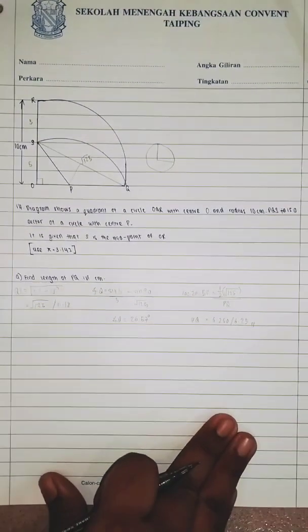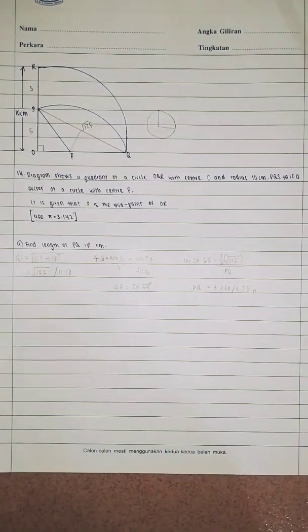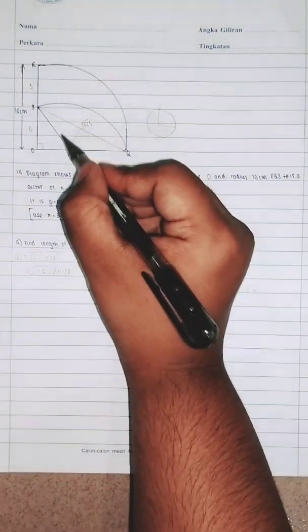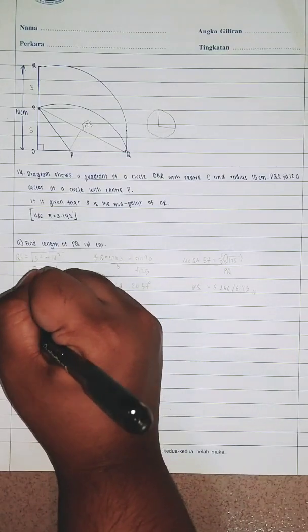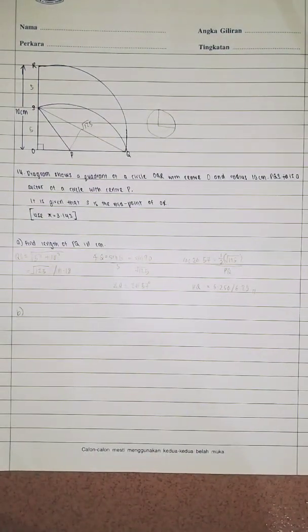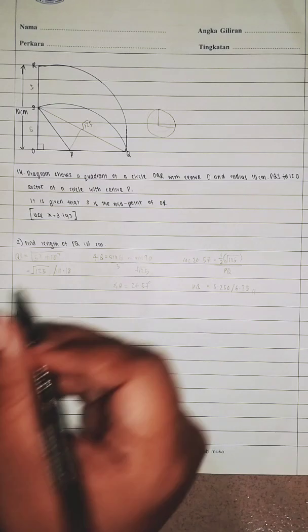First question solved. Now the next question, they are asking us for the angle of QPS. So that's B. I'm going to be using cosine rule.